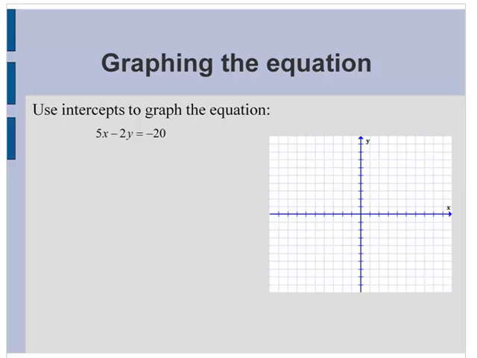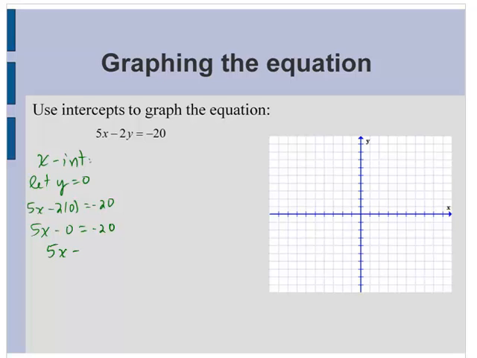So use intercepts to graph the equation 5x minus 2y equals -20. Let me first find the x-intercept. Recall from the previous slide, to find the x-intercept, we let y equal 0. Letting y equal 0, we'd have 5x minus 2 times 0 is -20, which tells us that 5x minus 0 is -20.